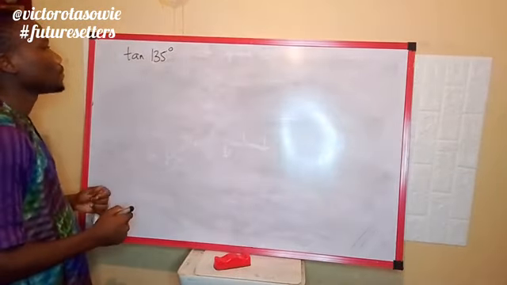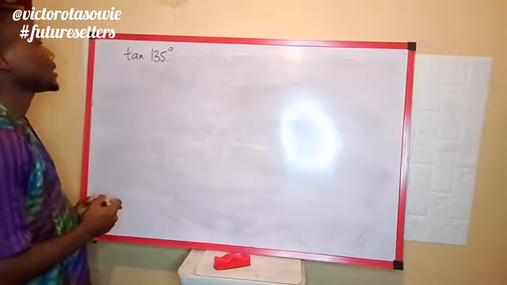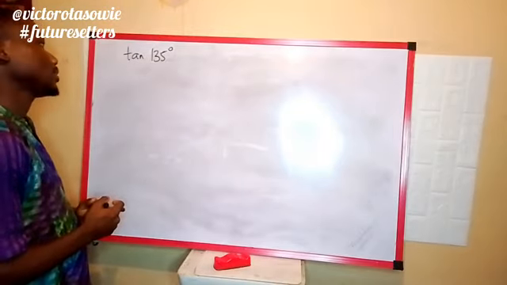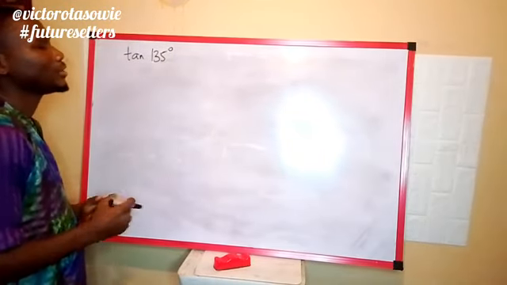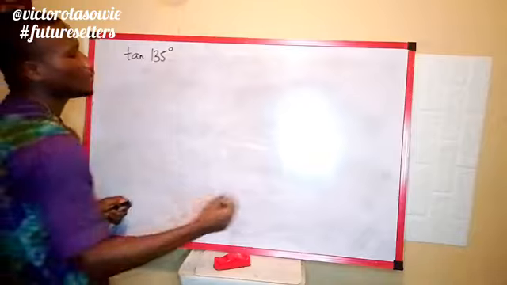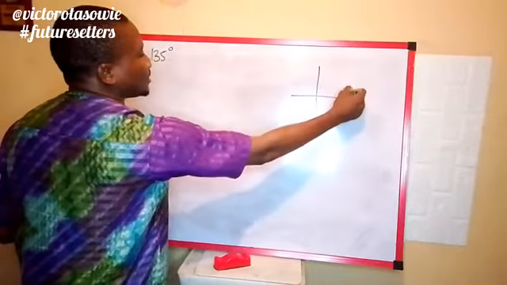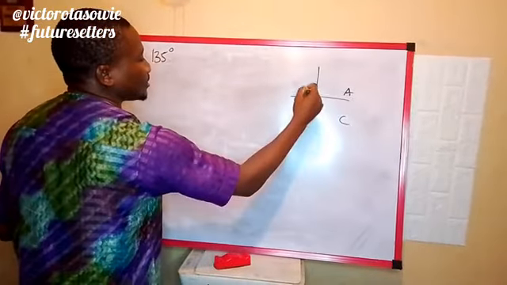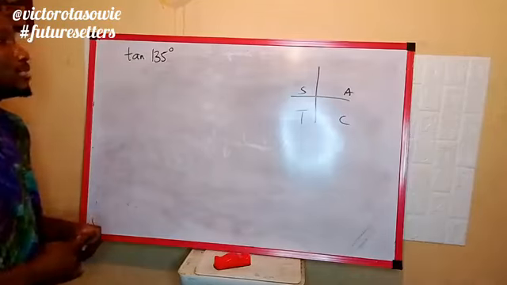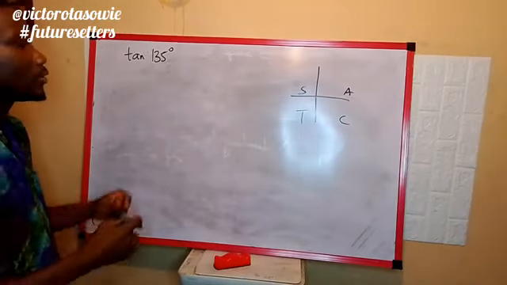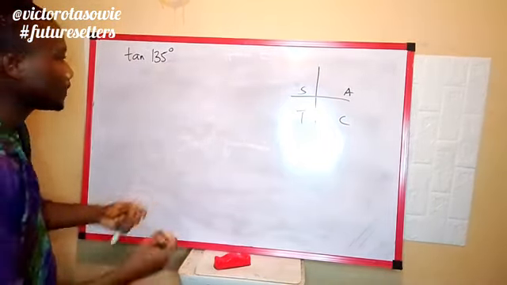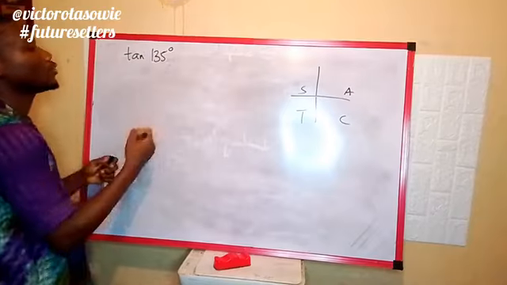What you are going to do now is first observe very well: tan 135 degrees definitely will not be in the first quadrant. So we are going to write A, C, T, S. It's definitely going to be in the second quadrant because it is less than 180.